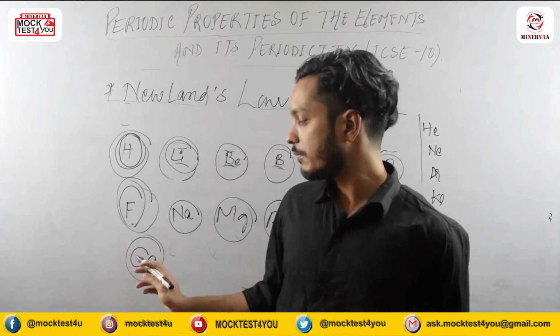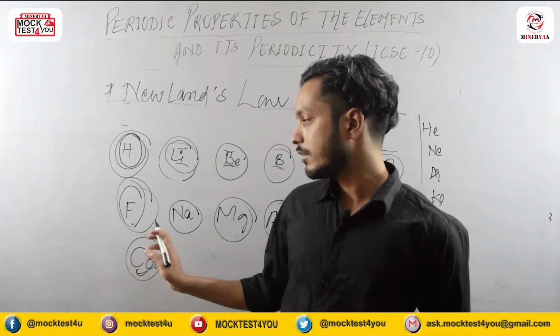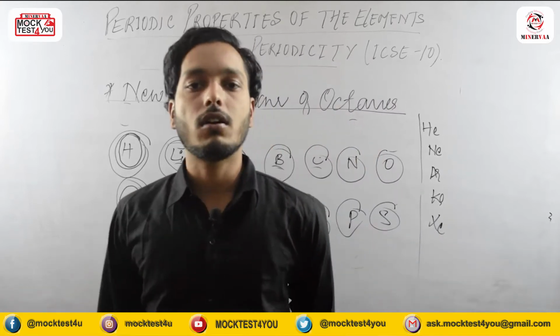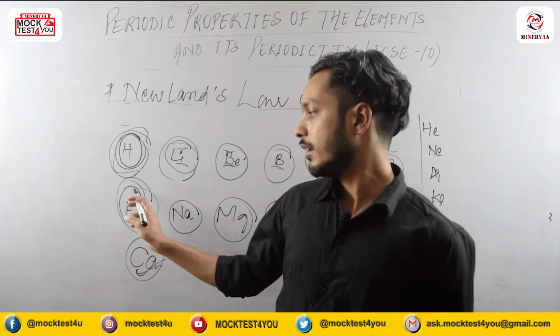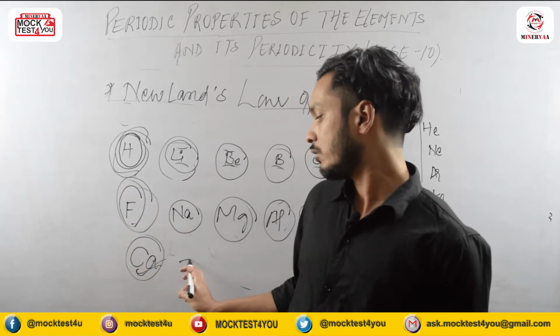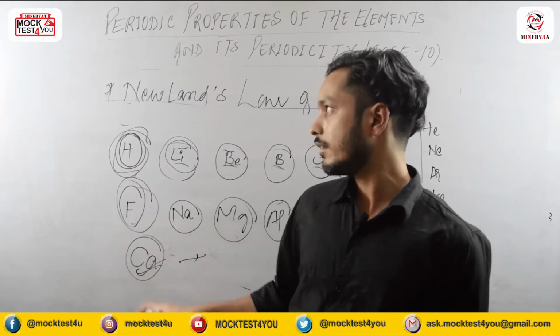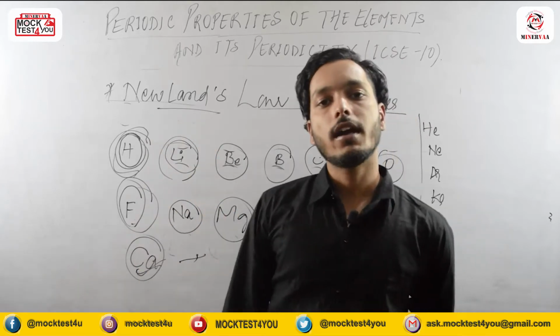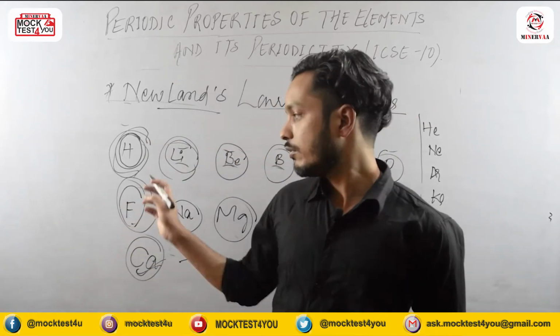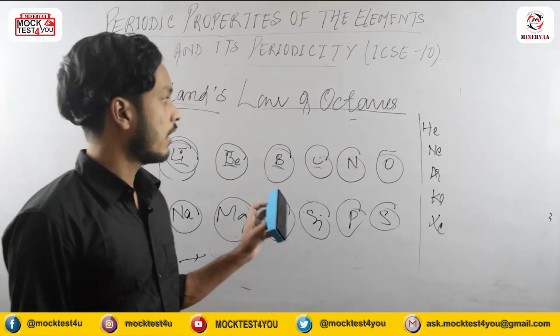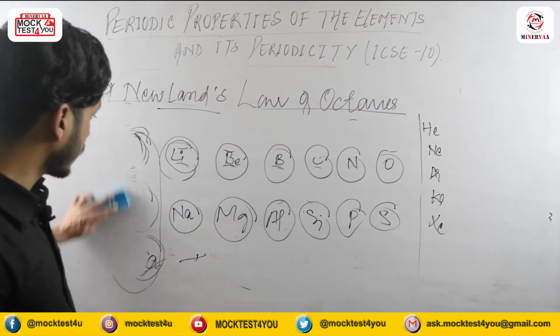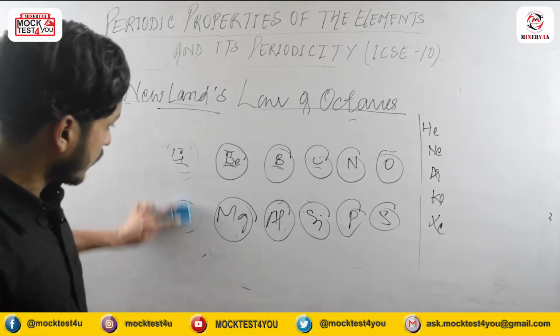That was a drawback, the failure of Newland's law of octaves. If you try to place elements beyond calcium in the form of the law of octaves, they will not arrange in this form. So this was the main drawback of Newland's law of octaves. I hope you are clear about this.